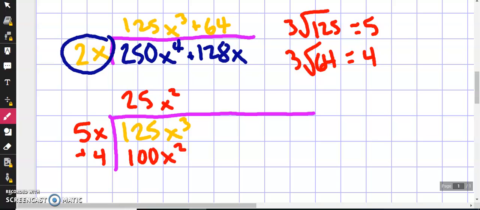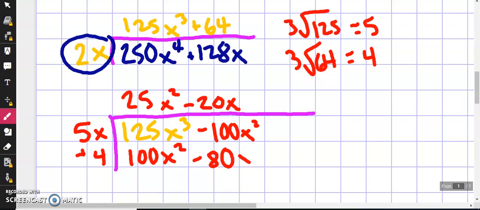I need to cancel, so I need a minus 100x squared since I didn't see any x squareds in my original expression. Negative 100 divided by 5 gives me minus 20 with an x. 4 times negative 20 is negative 80 with an x.